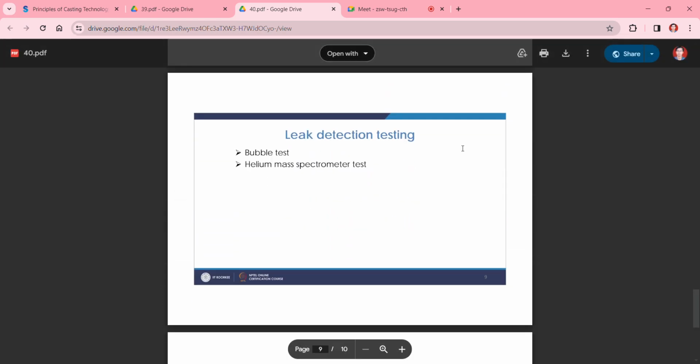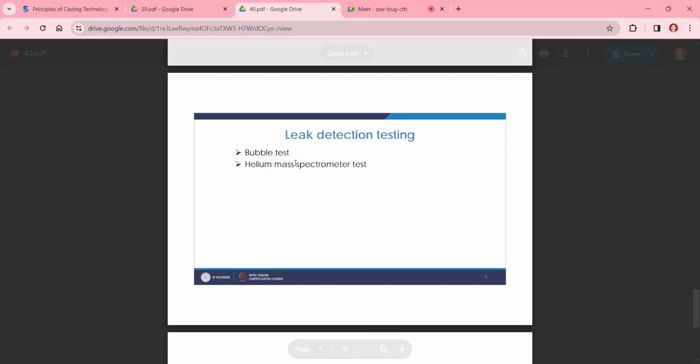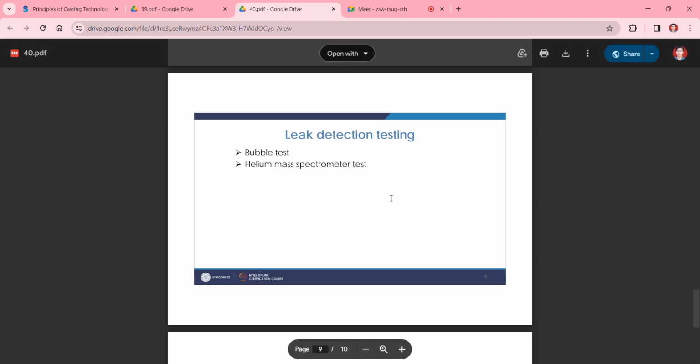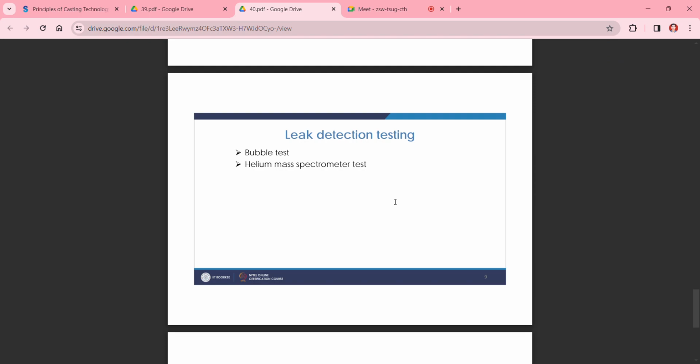Then coming to leak detection testing, there are the bubble test and the helium mass spectrometer test. If we create some hollow casting, we put it into a bubble test or helium mass spectrometry test.